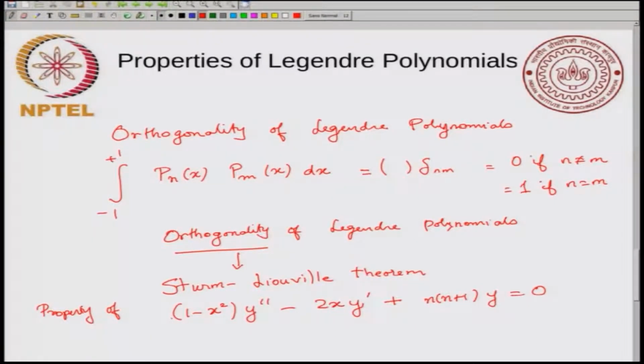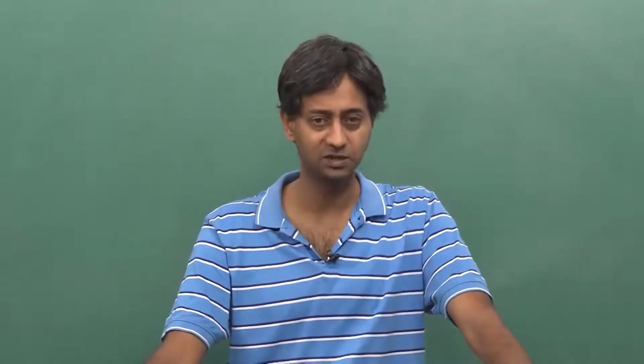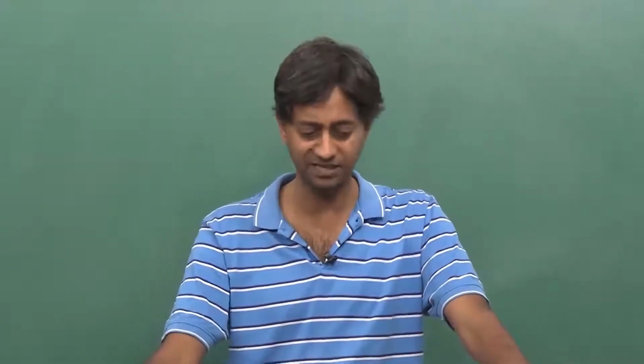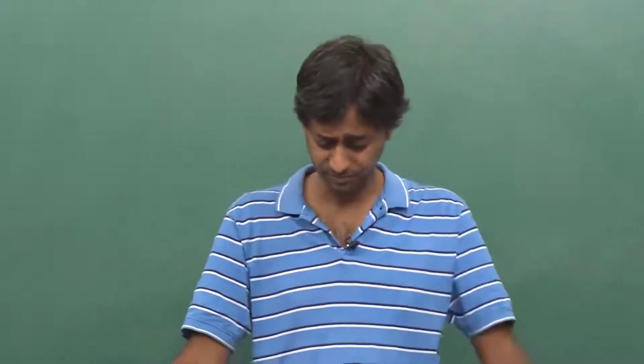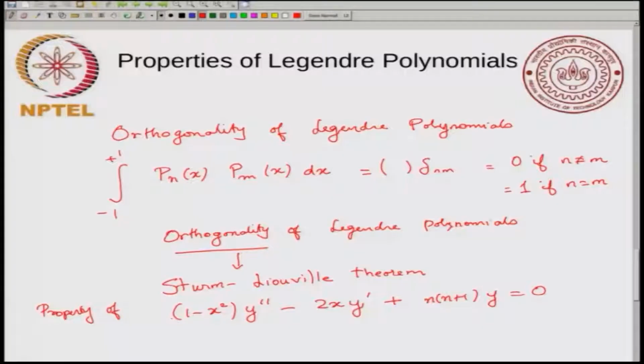We will later see that these are called singular points, and we will see how to deal with differential equations that have singular points. Nevertheless, in this range from minus 1 to 1, you never have this term go to 0.